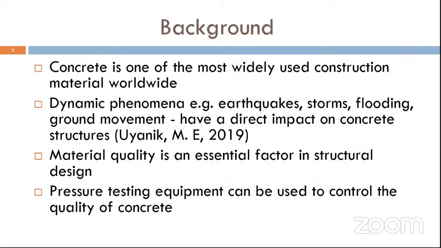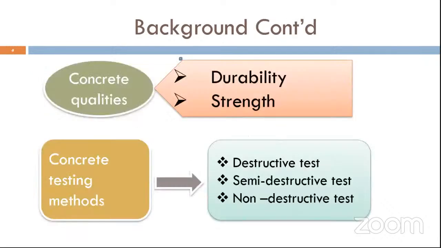Concrete is one of the most widely used construction materials. According to Yankee in 2019, there are dynamic phenomena which affect concrete directly, which include earthquakes, storms, flooding, and ground movement. Material quality is an essential factor in structural design, which has led to various testing equipment which can be used to control the quality of concrete.